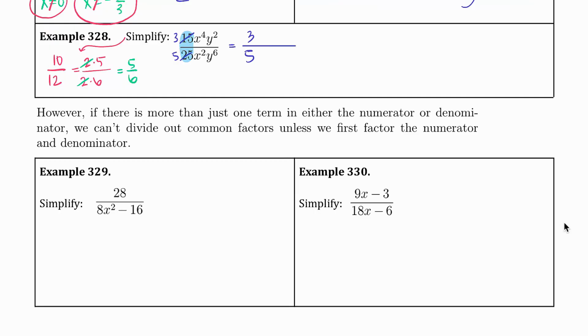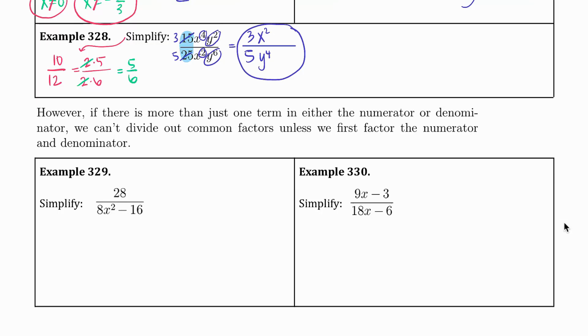And then our quotient rule says that we subtract our exponents. So 4 minus 2 is x squared. For our y's, we have y squared divided by y to the 6. So 2 minus 6 is y to the negative 4th. So I'm going to go ahead and move that to the bottom, and it becomes a positive 4th.